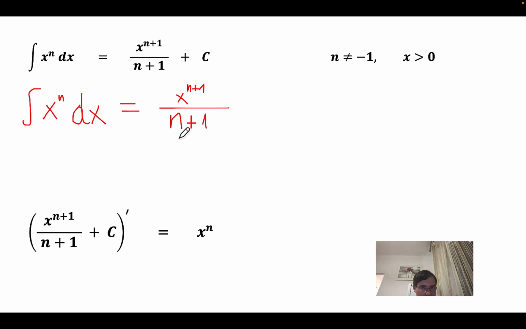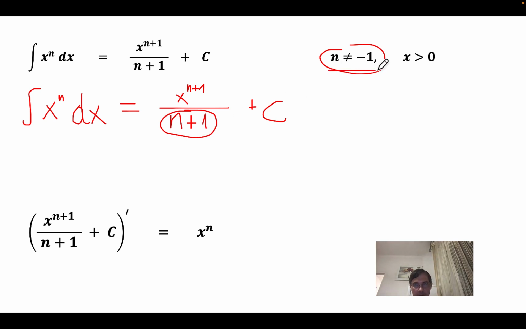This is just one antiderivative of this function x to the n, but in fact we can take this function and shift it up or down. For the shifting, that's the constant c. This is the constant c that is responsible for the shifting. And let's assume that n is not equal to -1 for an obvious reason, because if n is equal to -1, then the formula doesn't work because we have 0 in the denominator, which is not a valid expression.